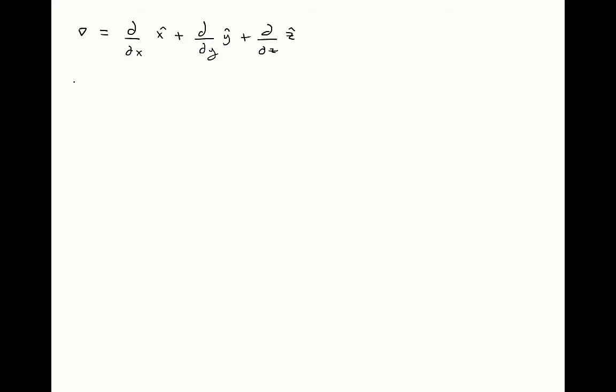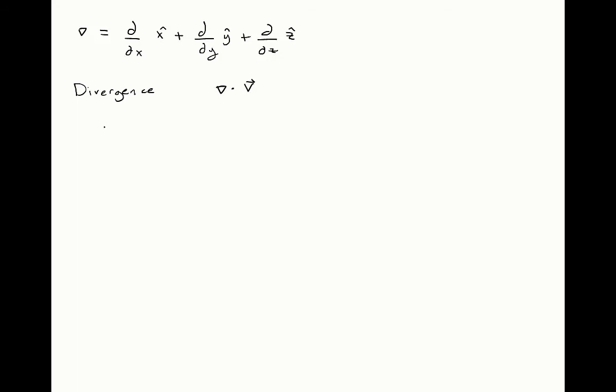Okay, divergence is the dot product of this operator with our field. At this point, I'm going to go back to representing our vector fields using the letter V rather than the letter F. I go back and forth. I just want you to feel comfortable going back and forth as well. So V is our vector field. Divergence is the dot product of this operator with that field.